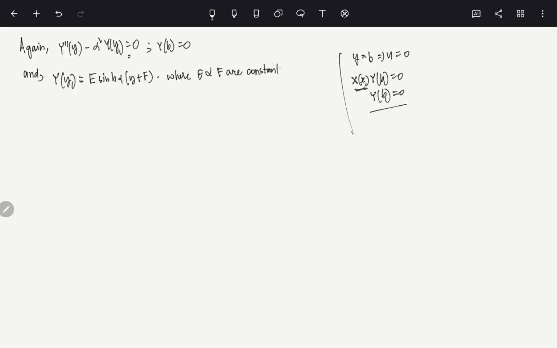You can solve this; it is a very easy second order equation, and with the boundary condition you can solve. We are not putting the boundary condition right now. Without the boundary condition, this is the solution.